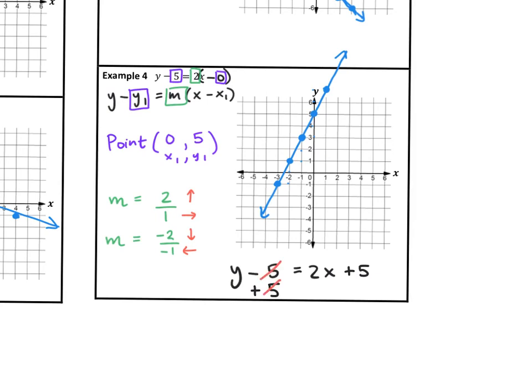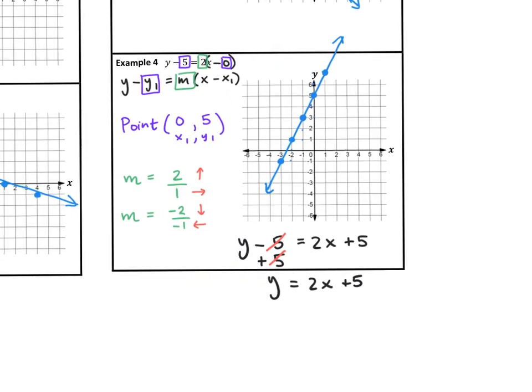And I end up with y equals 2x plus 5. And if you remember, we worked with the slope-intercept form, and so this is slope-intercept form.